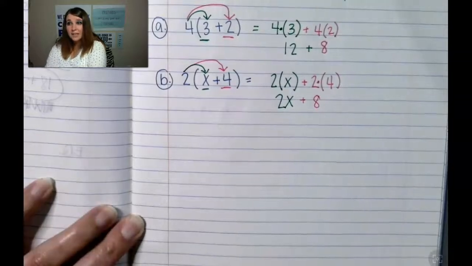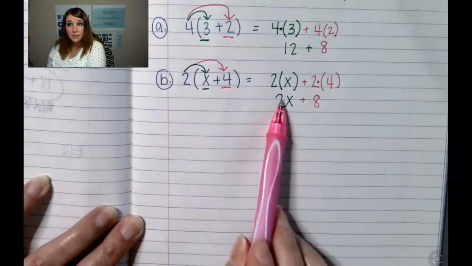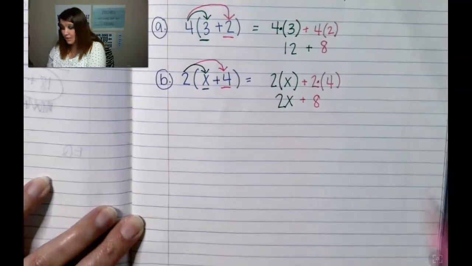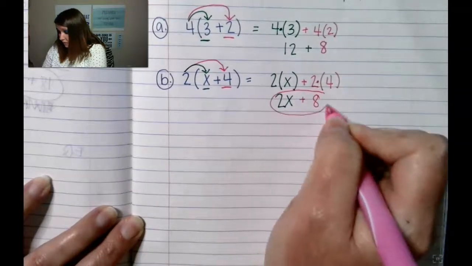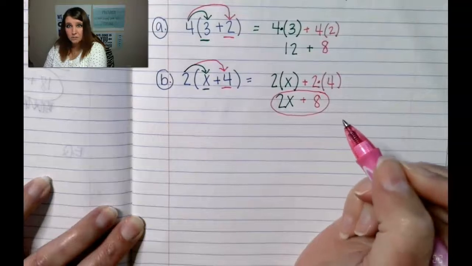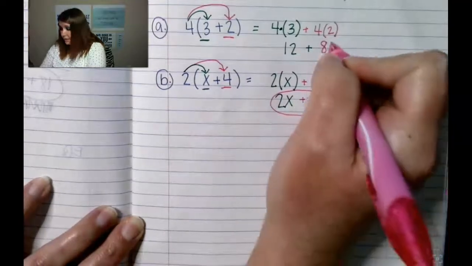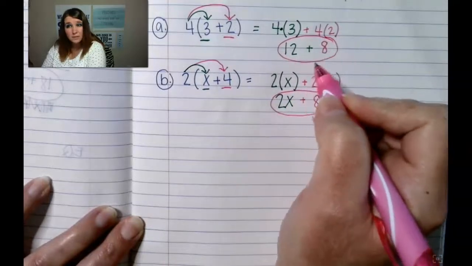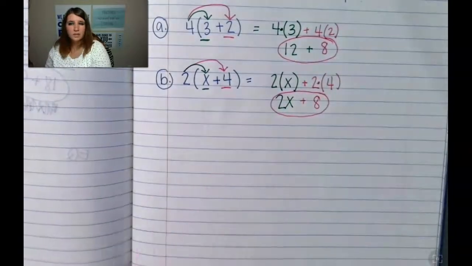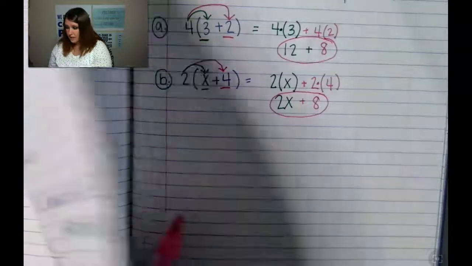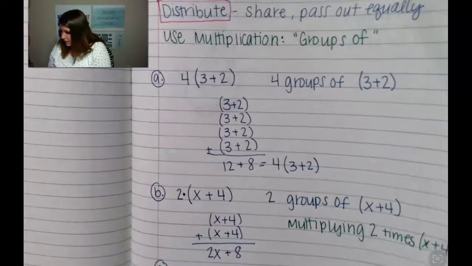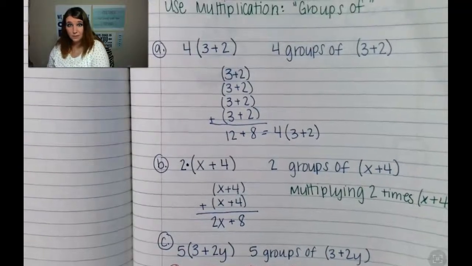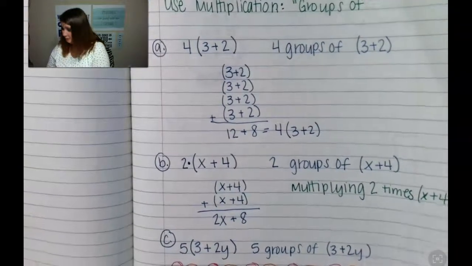So I get 2x plus 8. I may not put these together because they are not the same thing. This is the final expression. I could leave it because we're looking at the distributive property. If we look back, 2x plus 8 is what we got. Good work. We're doing awesome.